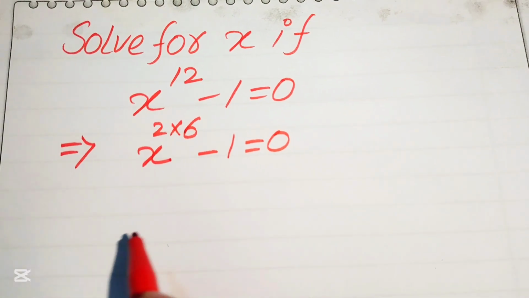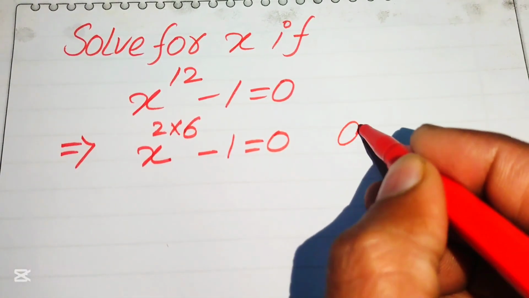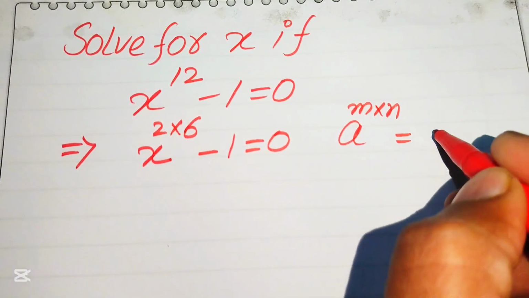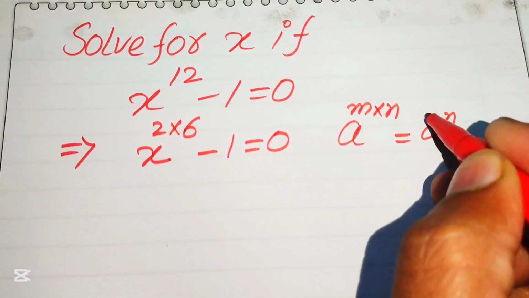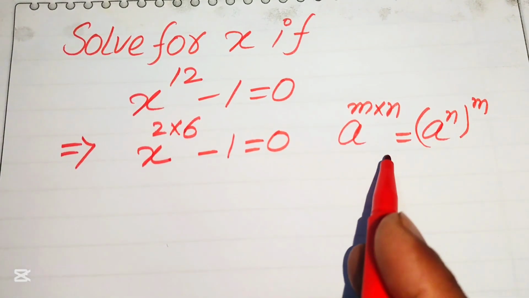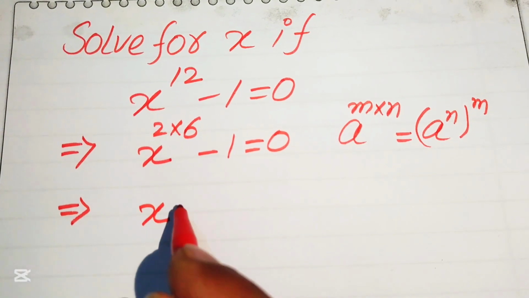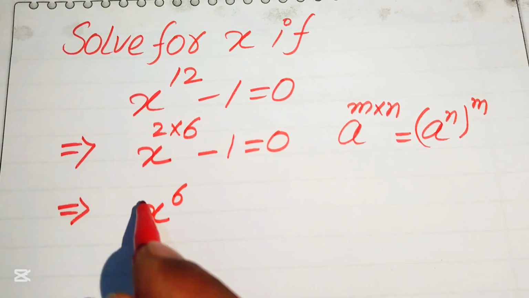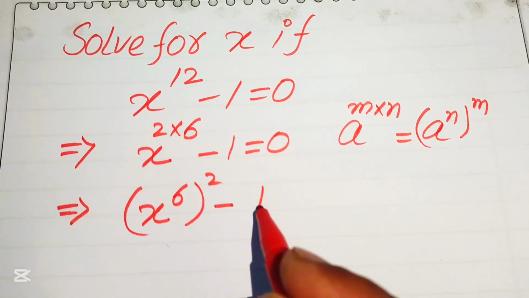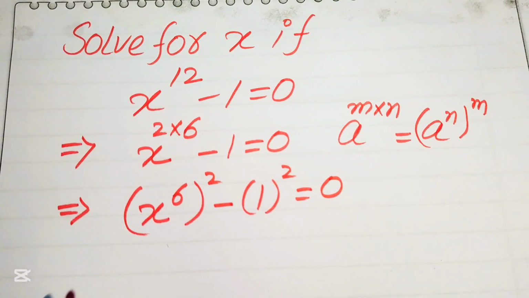So here we use the exponent law, and you know that if we have a to the power of m multiplied by n, we write it as a to the power of n and its power is m. According to this law we write this equation as x to the power of 6 and its whole square minus, we write this one as 1 square equals to 0.